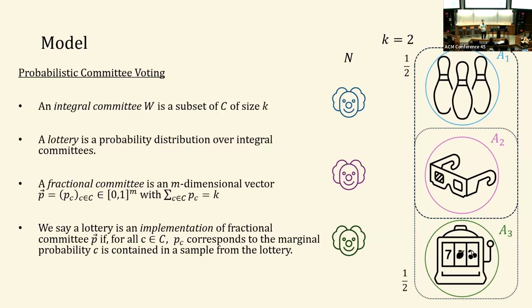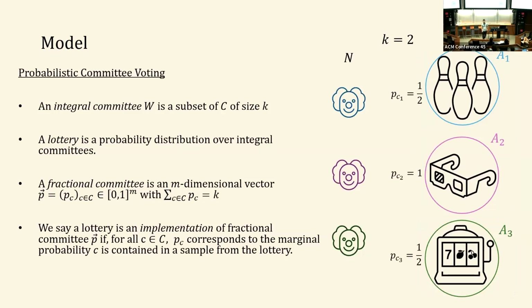Okay, so then a fractional committee is just the fractional relaxation of an integral committee, where we have a vector of probabilities for each candidate, and that vector should sum to k. So for example, we have maybe 1/2 probability, 1 probability, and 1/2. Then there's an important correspondence between the lotteries and the fractional committees, namely each lottery corresponds to exactly one fractional committee.